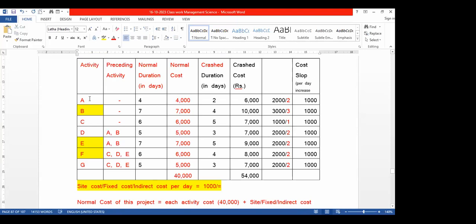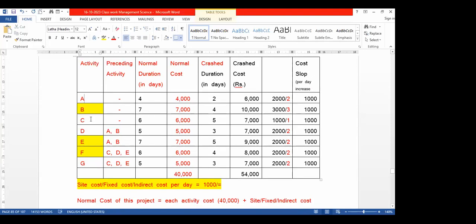A, C, D, E. So we have to check whether these are meaningful reductions. A, now you see 4 days, we reduced by 2 days.